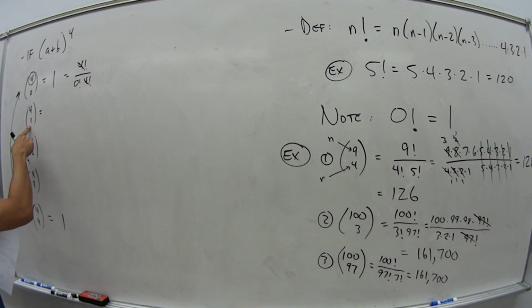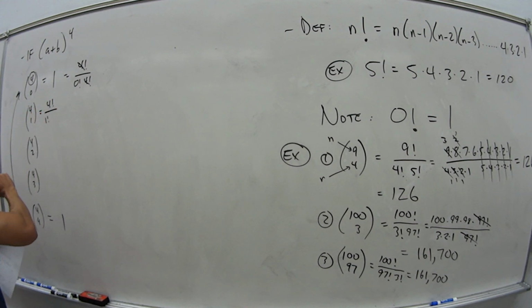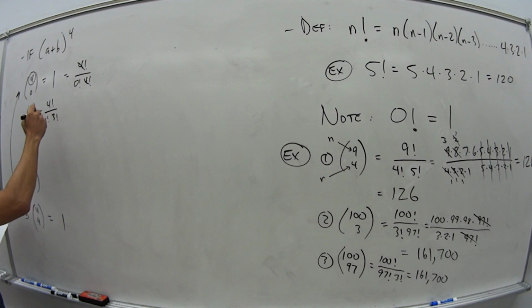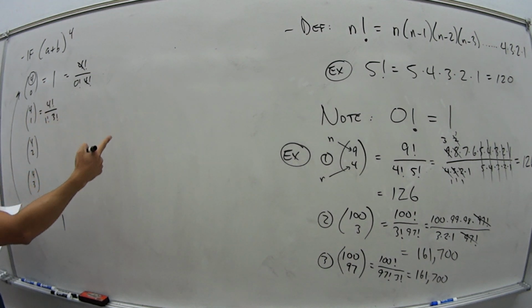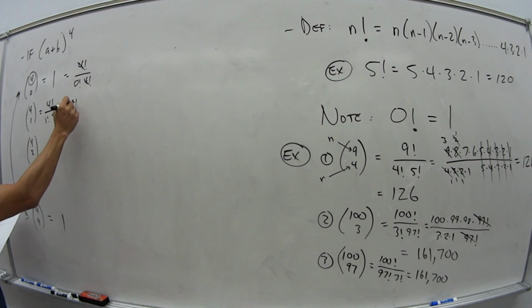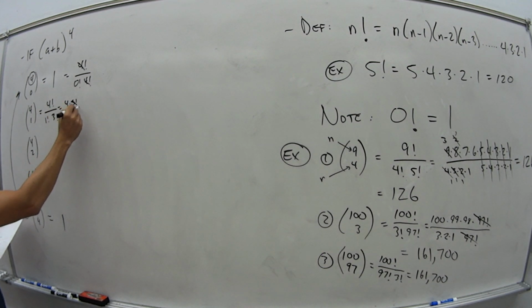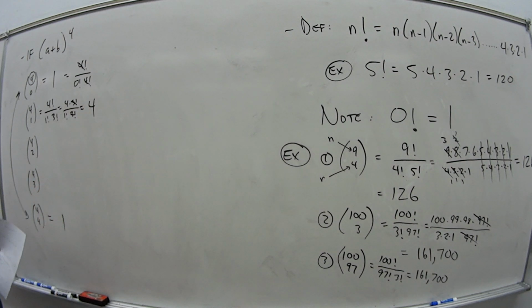How about 4 choose 1? Well, in that case, we have what? 4 factorial over 1 factorial times 3 factorial. So that means this guy is 4 times 3 times 2 times 1. So the 4 times 3 factorial over 1 factorial, 3 factorial, they cancel out, gives us 4.